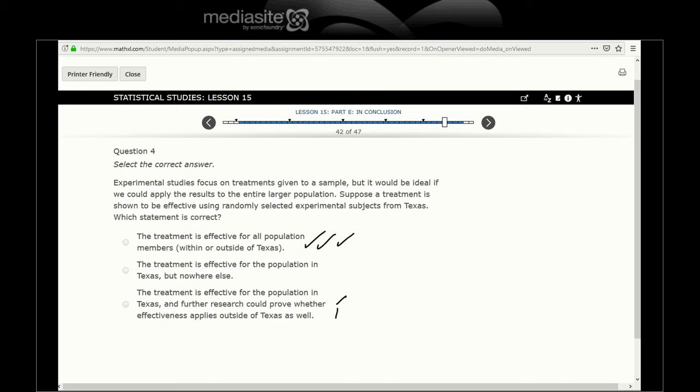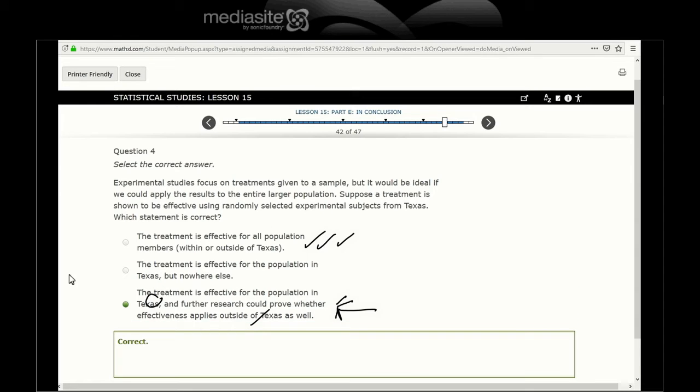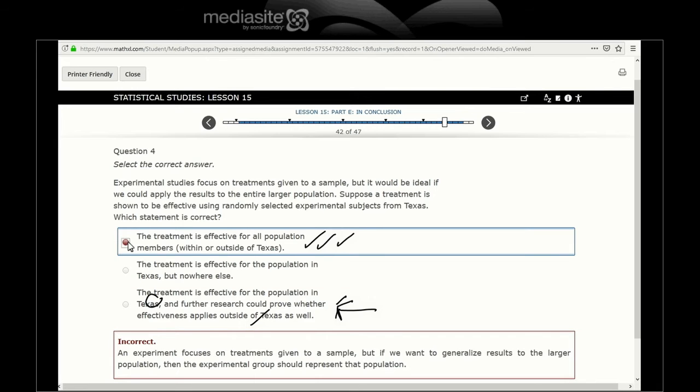However, the last one is probably the best. It's a treatment effect for the population in Texas. However, further research could prove whether it applies outside of Texas as well, instead of just assuming it is. And that's correct. What are the other responses here?